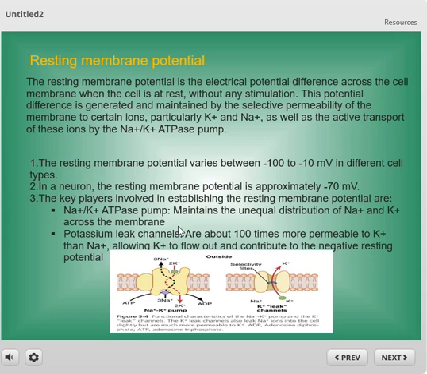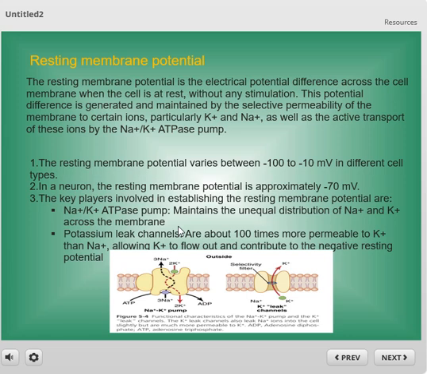This potential difference is generated and maintained by the selective permeability of the membrane to certain ions, particularly potassium and sodium, as well as the active transport of these ions by the sodium-potassium ATPase pump.